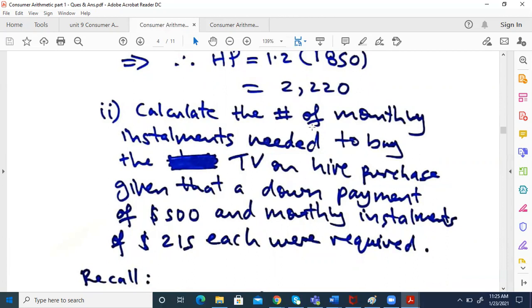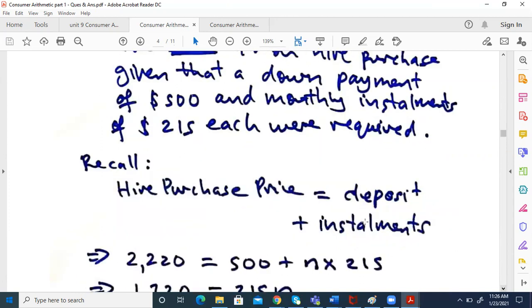To calculate the number of months, you back out, you subtract the down payment. So out of this, you subtract the 500, and then you see how many times 215 can go into what is left, and that would give you the number of months.